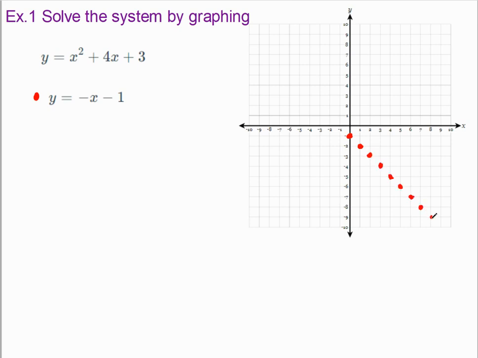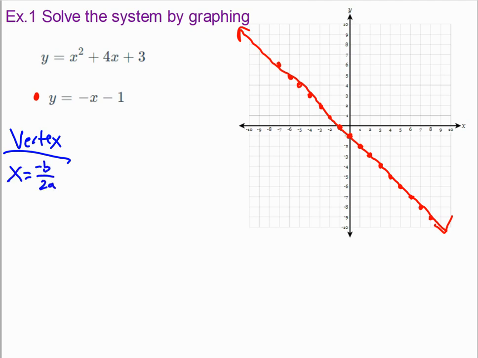Remember, the more points you use, the more accurate your graph will be. Okay, that should be good enough to draw in my line. And so now I need to do my quadratic equation here. I'm going to start by finding my vertex. Remembering my formula for vertex is x equals negative b over 2a. So in this problem, that's negative 4 over 2 times 2, which is negative 4 over 4, gets me negative 1.